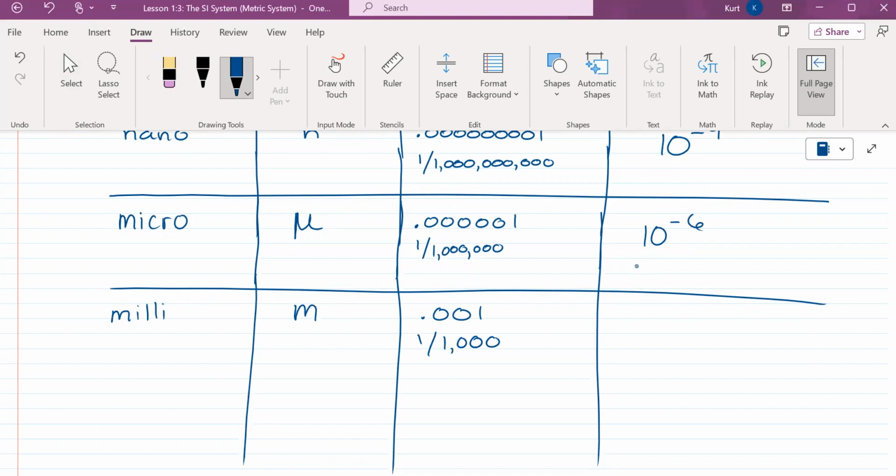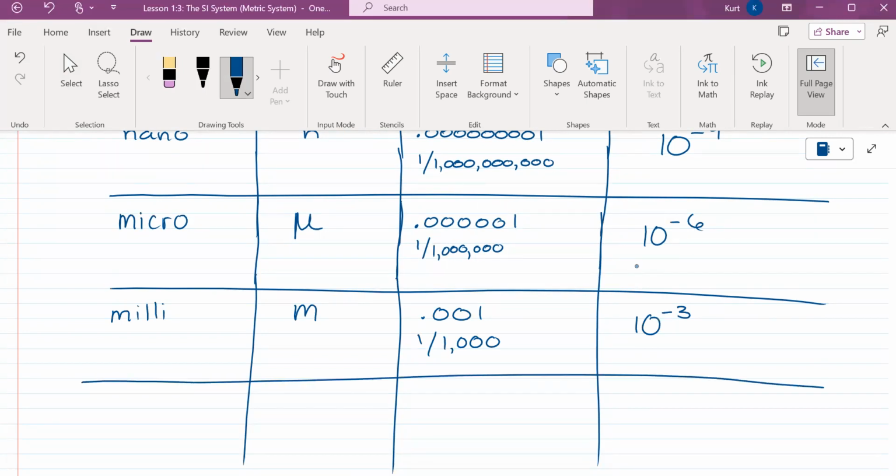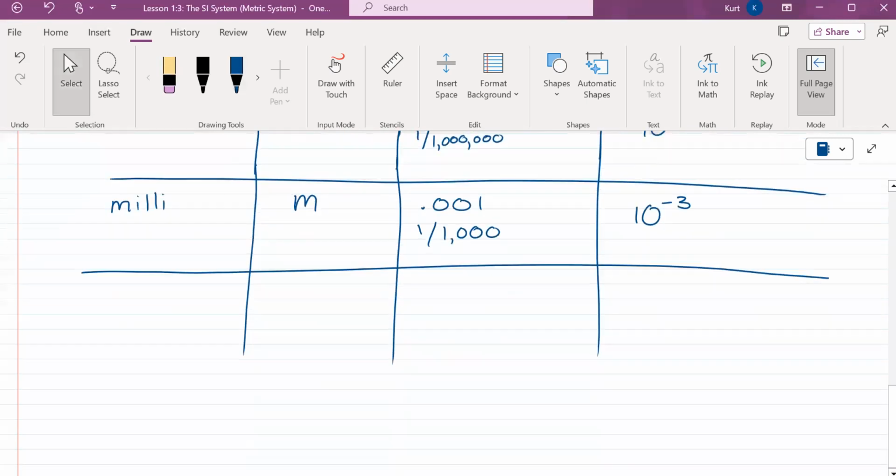How many zeros are there in 1,000? 3. 10 to the negative third. You can see this with the human eye. Doctors measure things in millimeters all the time. It's easier to have a magnifying glass of some sort, but you can see this with your eyes.